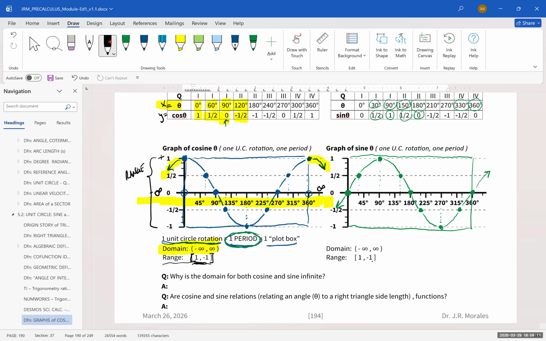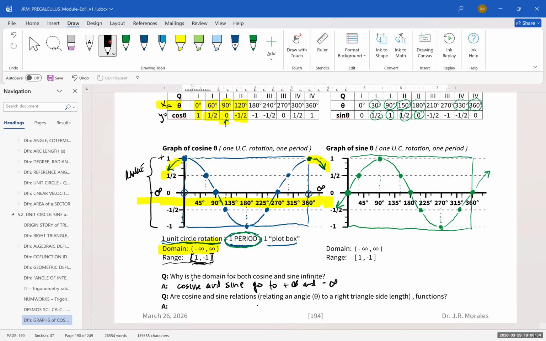And you can see the domain and range is the same for sine. So why is the domain for both cosine and sine infinite? It's because cosine and sine go to positive infinity and negative infinity.